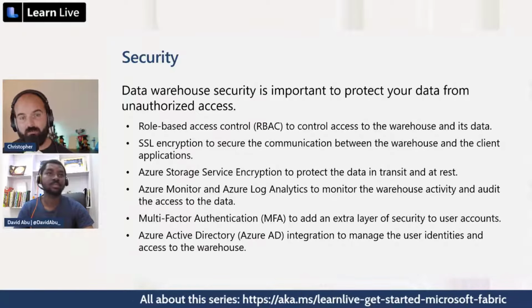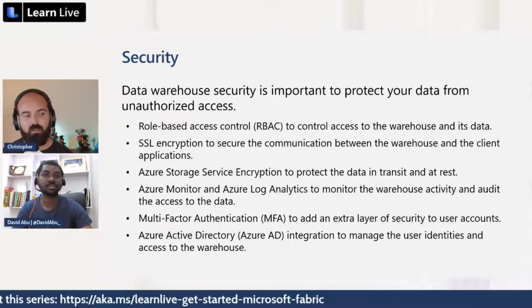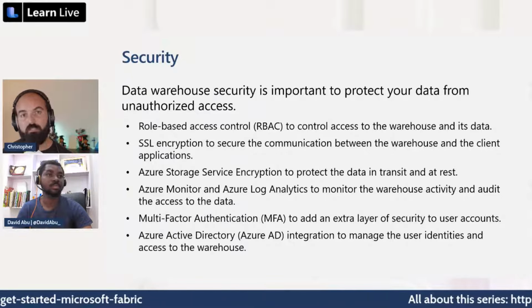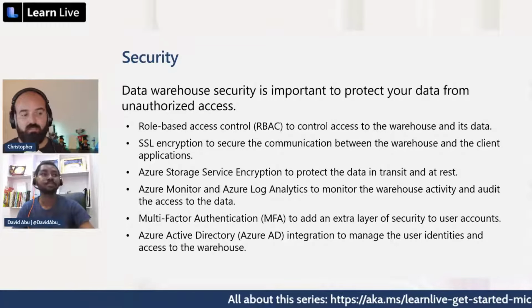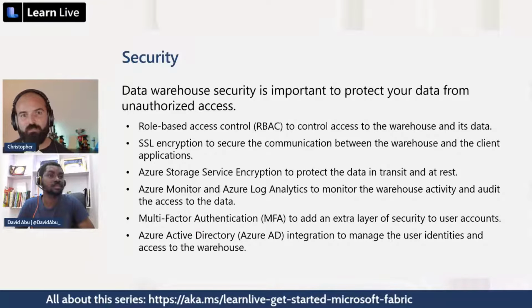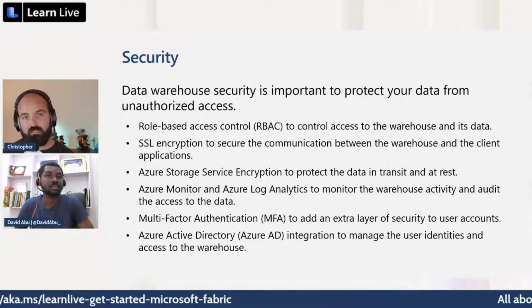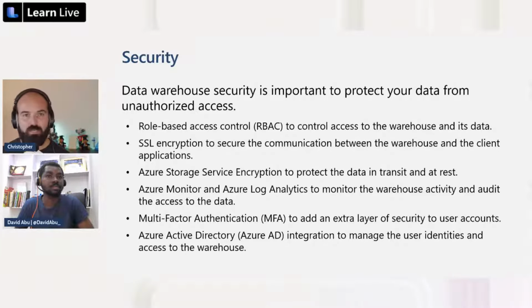Data at rest is also encrypted with the Azure Storage Service. And in terms of identity management, to connect to Microsoft Fabric, you will need to have an Azure AD account, so you can enable all the great features of Azure AD, or Microsoft Entra now, like multi-factor authentication or conditional access policies, etc.